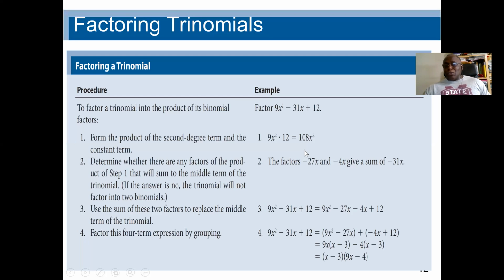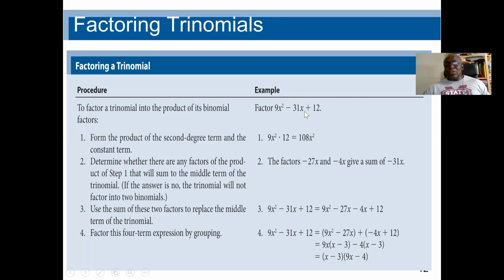So 2s times 54s gives 108s squared, but when I combine 54 and 2, I will not get negative 31. But negative times negative is positive, and 27 times 4 is 108. S times s is s squared. Now when I combine these two, I get negative 31s, which is my middle term.